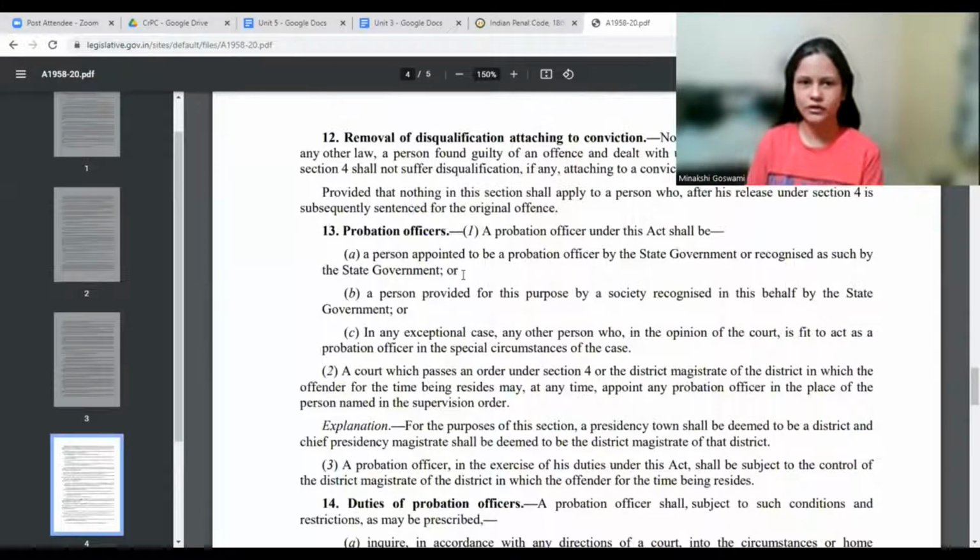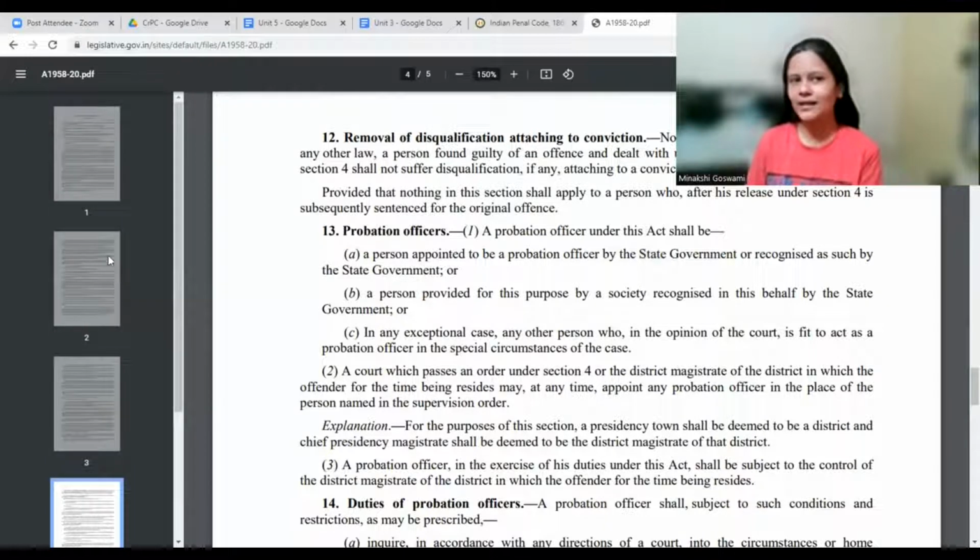A probation officer is a person appointed or recognized as such by the state government, or a person provided for this purpose by a society recognized in this behalf by the state government. In an exceptional case, any other person who in the opinion of the court is fit to act as a probation officer because of some special situations may also be considered.